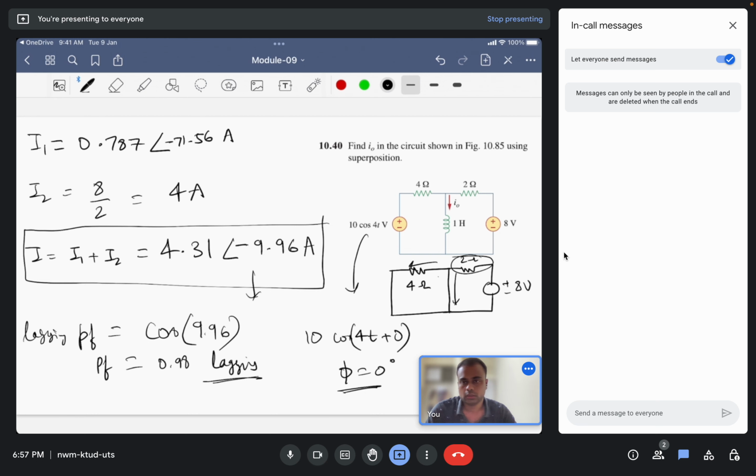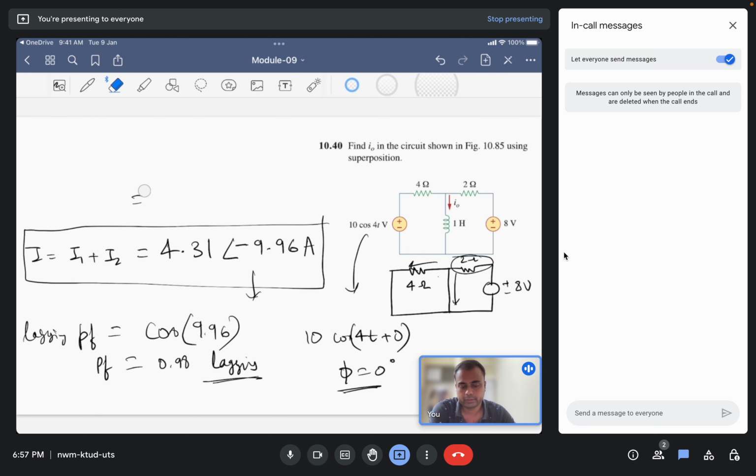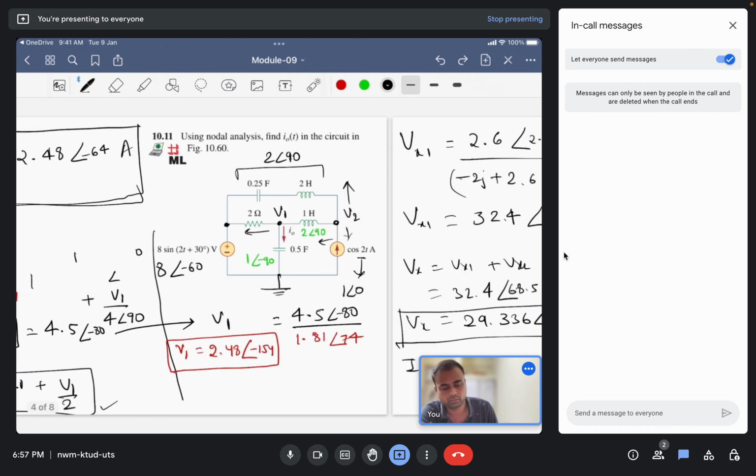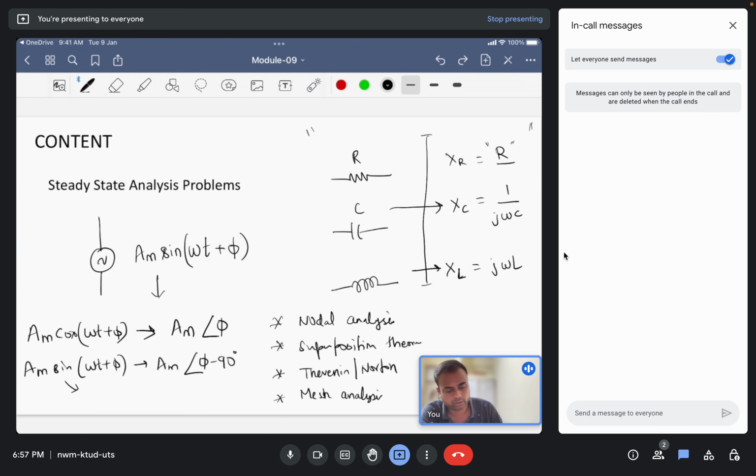So that is all for today. We solved the network problems in steady state condition for the AC supply. We have seen the steady state problems with node analysis, with superposition, with mesh analysis, and in the previous modules we already solved the steady state problem using Thevenin and Norton theorem.